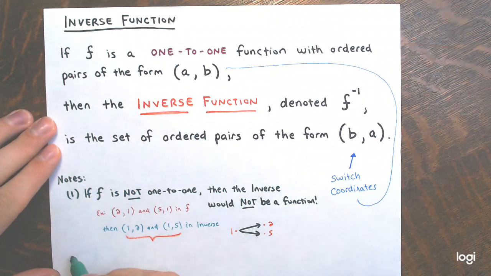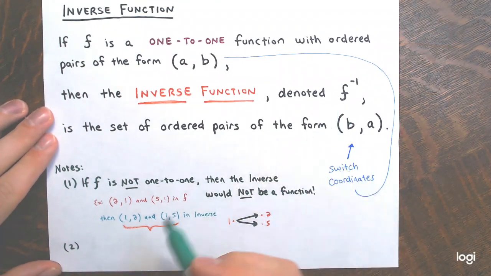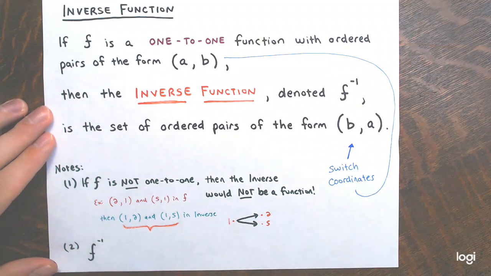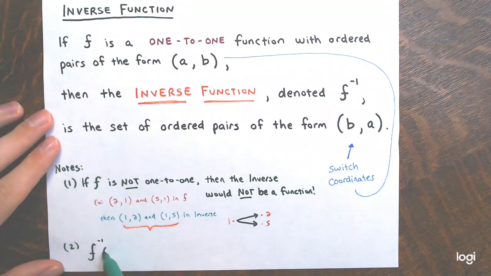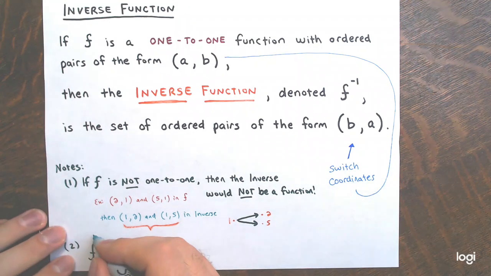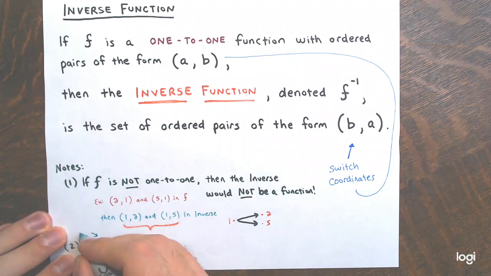The second note I want to make is about this notation. When you see f with the little -1 above it, f inverse, say f inverse of x, it's the name of a function. So you can use function notation just like f of x, f inverse of x. Remember, I said this means inverse in this context.